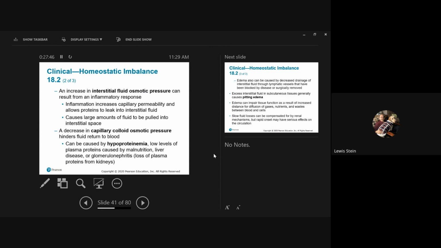If there's too much protein in your system, then you have a problem holding on to the fluid too much. We don't see that. But the one we do see a lot of, and the definition of malnutrition, is inadequate protein in the diet.